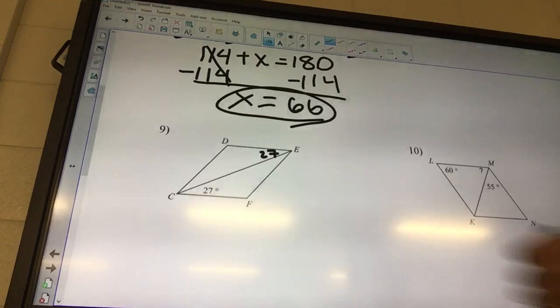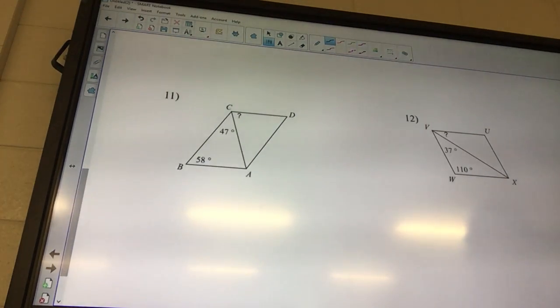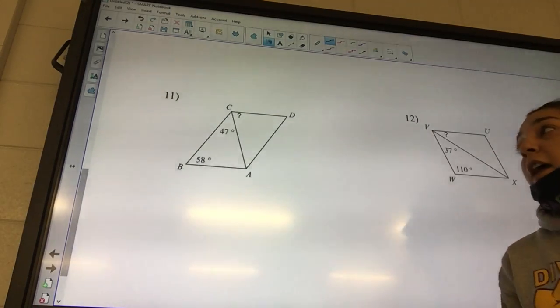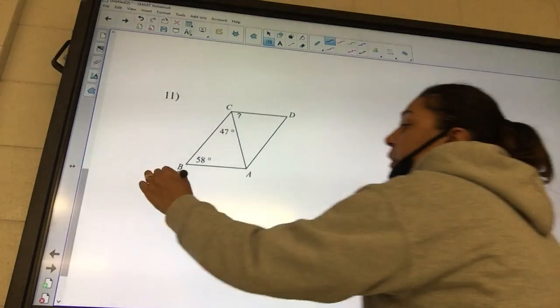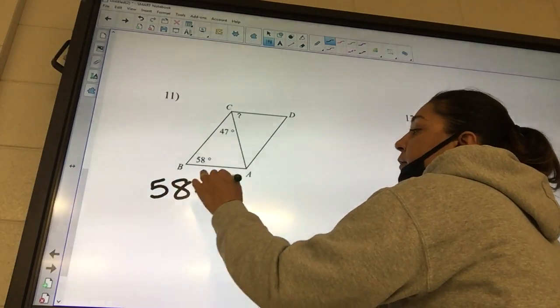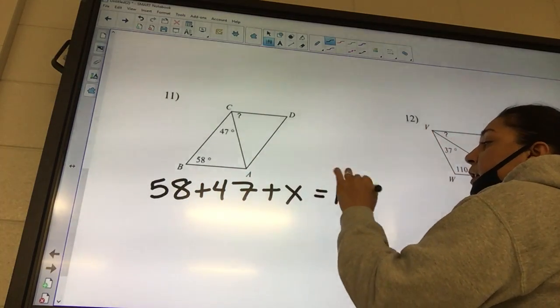Look at the next one, number 11. We know one side is 58, the other side is 47, and a question mark. So how do we set this up? 58 plus 47 plus X for the question mark equals 180.